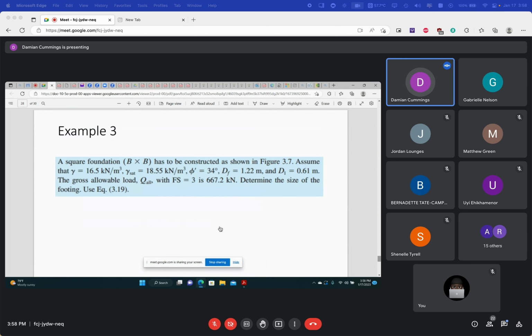Say for instance, I'm designing a foundation, and I want to know what size footing I need for this foundation, right? I have all these parameters. To get the load acting down that I'm going to be using, I can multiply that load by my factor of safety, and that will tell me the allowable load that I need to design that foundation to carry.